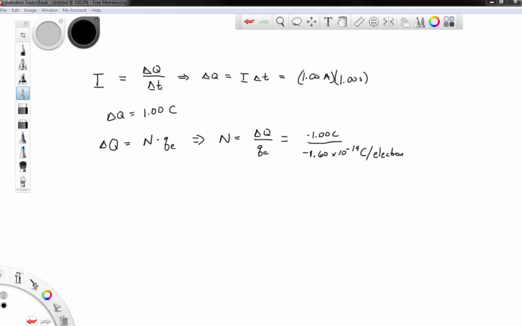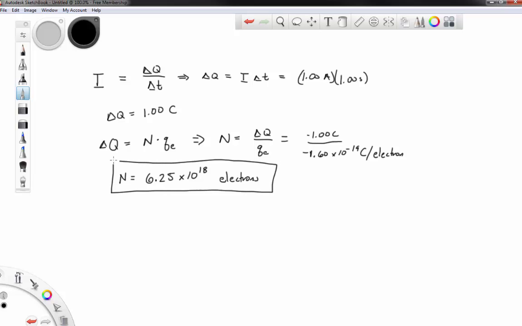So this tells us that the number of electrons should be 6.25 times 10 to the 18. So that's how many electrons we need in order to make 1 coulomb, and that's also therefore how many electrons we need to pass through the wire per second if we want to have a current of 1 amp.